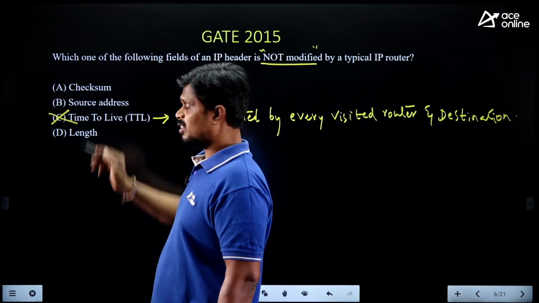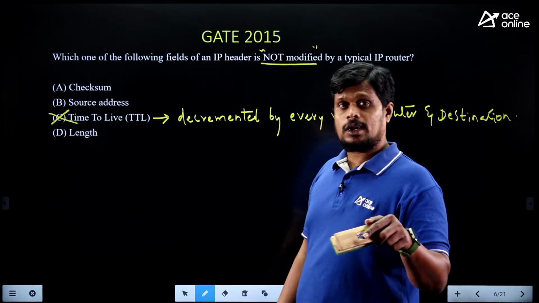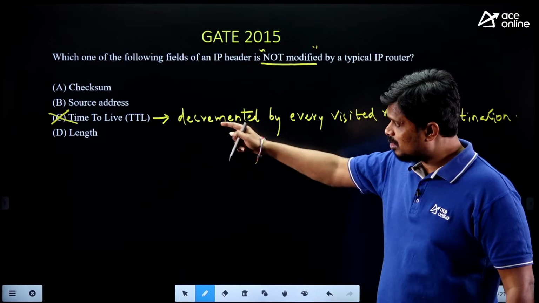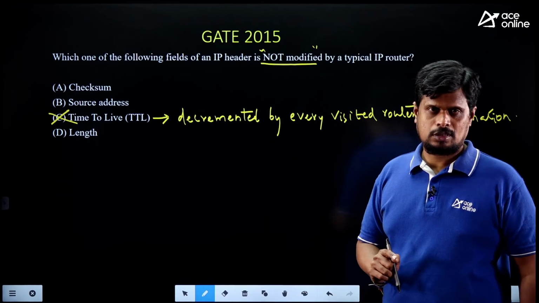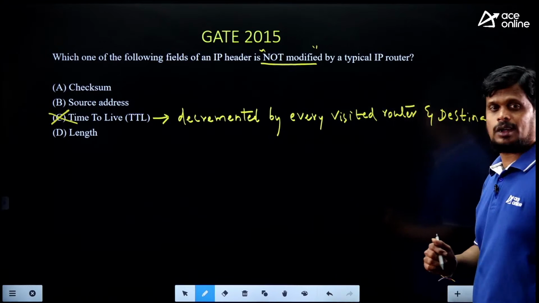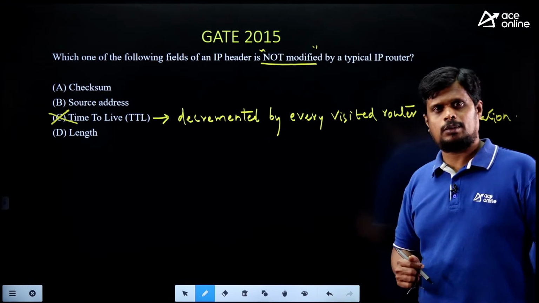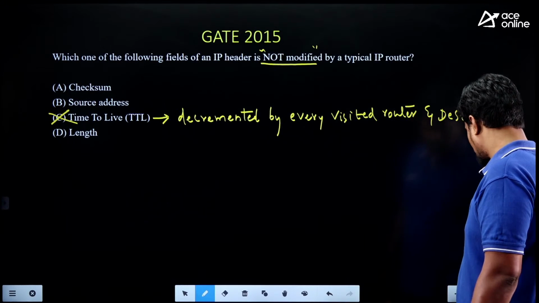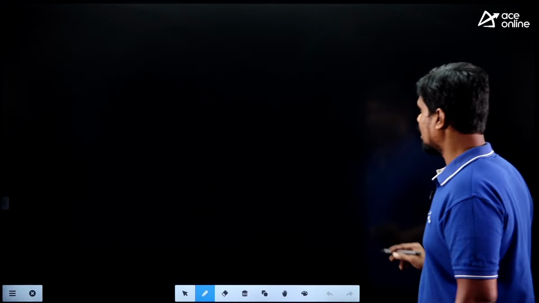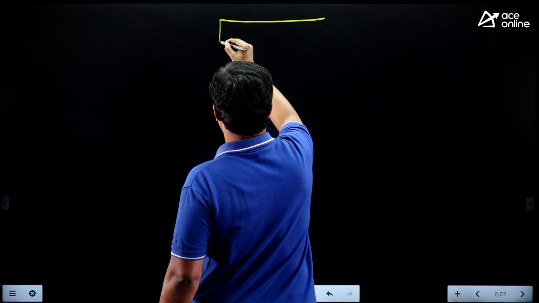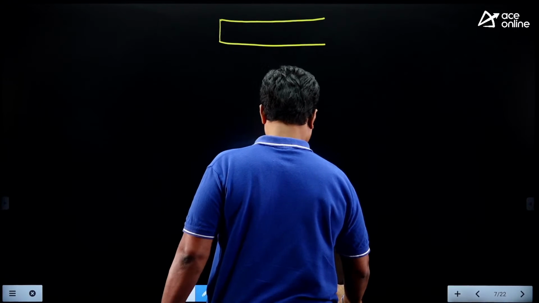Next, if you verify the checksum, you are calculating the checksum for the header. Do you have the TTL field in the header? Yes. Let's consider the IPv4 datagram header format, and you can draw the diagram like this.